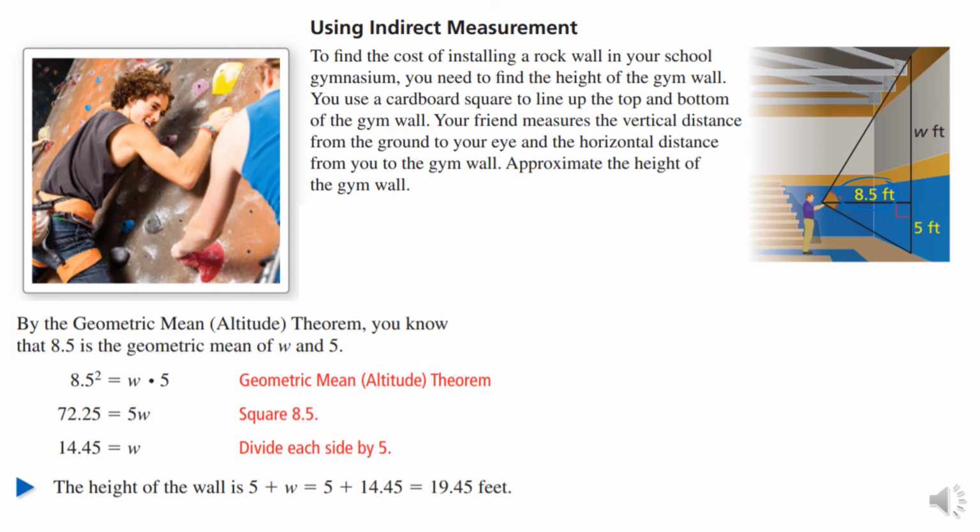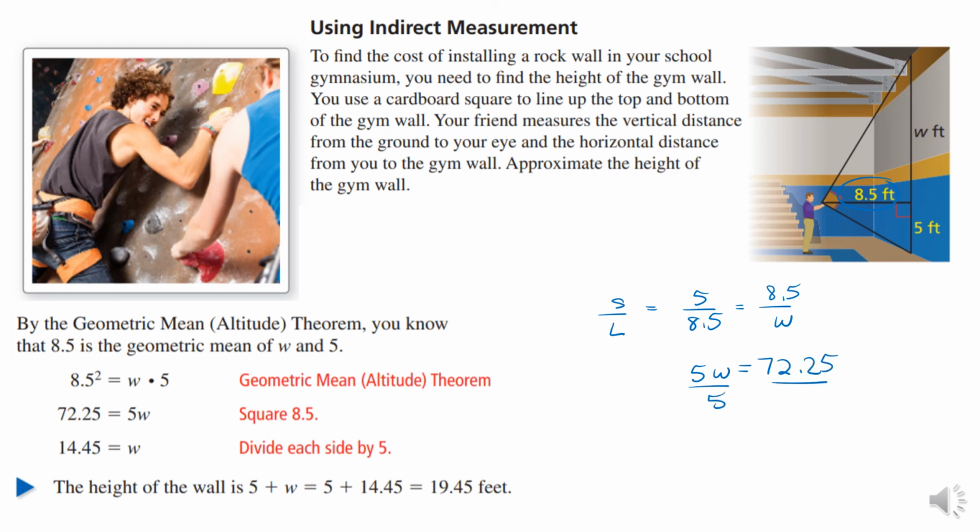And then if you're going to do it my method, you would go short to long. So you have 5 is to 8.5. And it's a geometric mean as long as it's the numerator on one side and the denominator on the other. Sometimes I write them backwards. So I've got my W. So then I cross multiply, I get 5W equals 72.25.